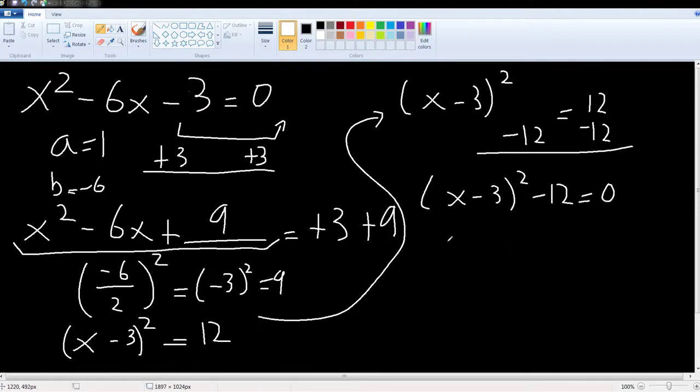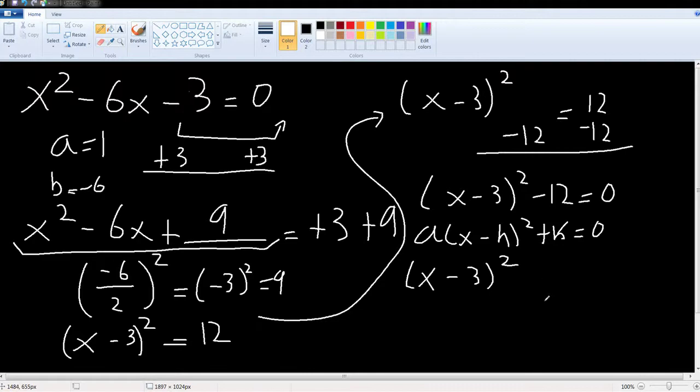It's important to change our equation to vertex form. That looks like a times x minus h squared plus k equals 0. So we will have a, in this case, just 1. But we will get x minus 3, which is fine.